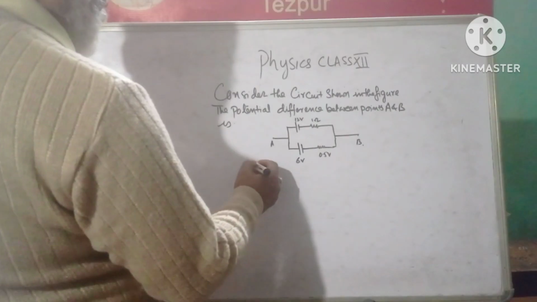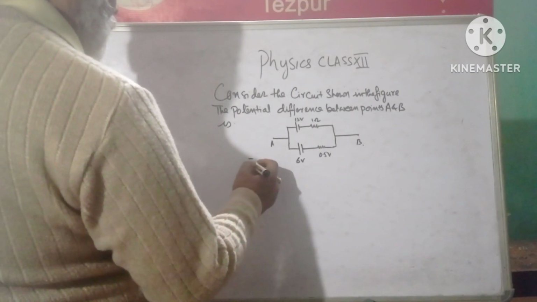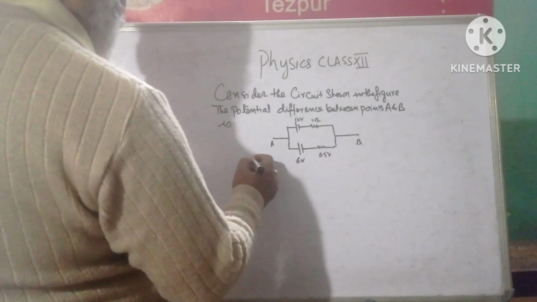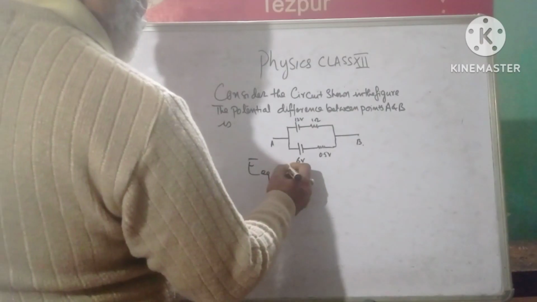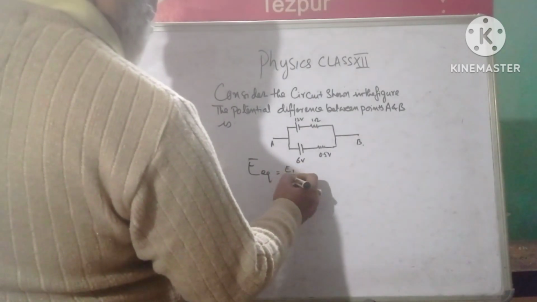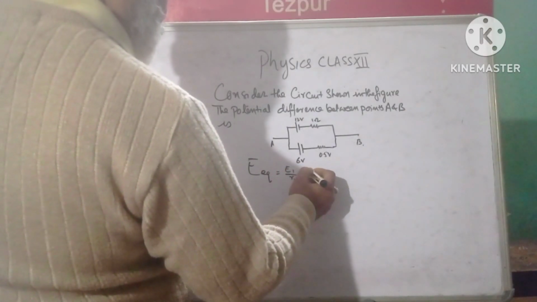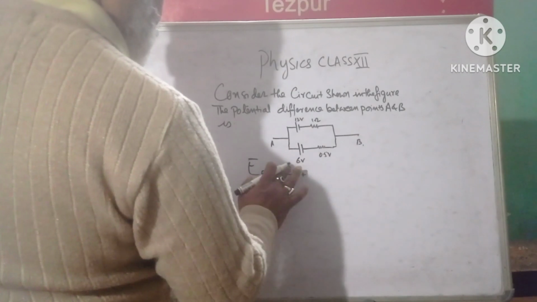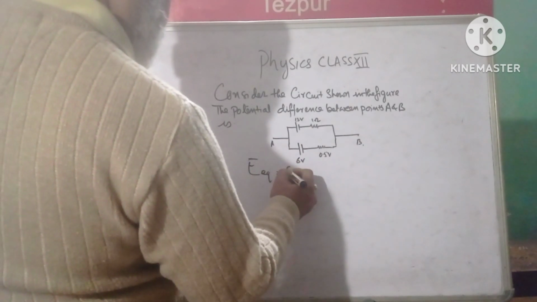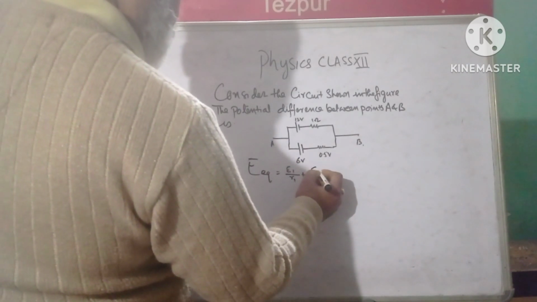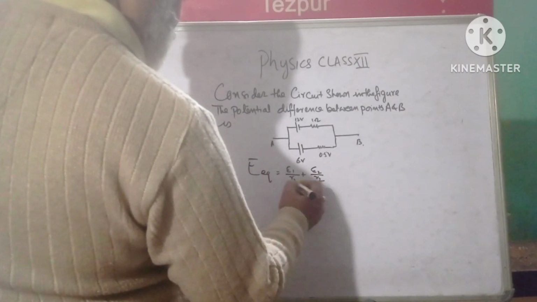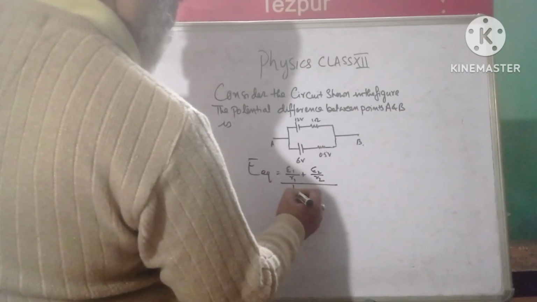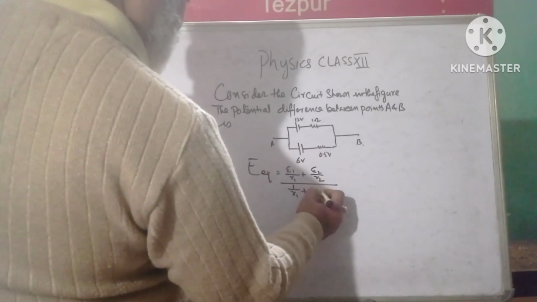So you all know that your E equivalent is equal to (epsilon 1 by R1 plus epsilon 2 by R2) divided by (1 by R1 plus 1 by R2).